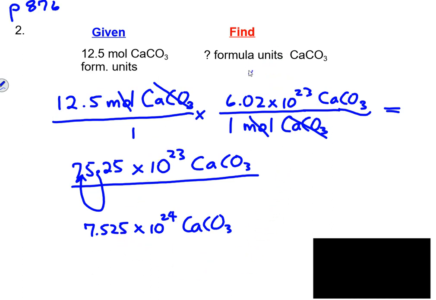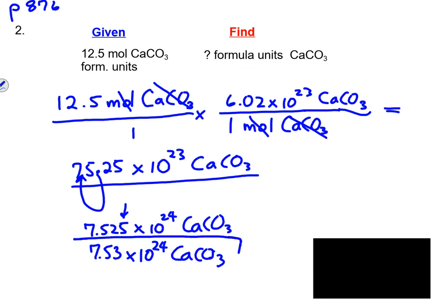If we round this to sig figs, we take this 5 and round up the 2 next to it to give 7.53 times 10 to the 24th calcium carbonate, not CO4, CO3, and that's our final answer right there.